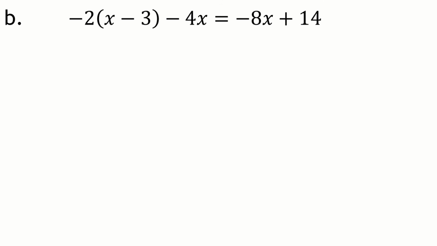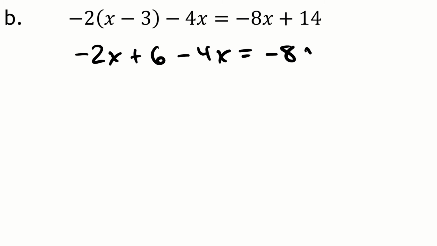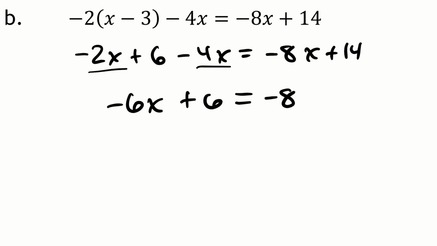In B, same thing. I'm going to use the distributive property and rewrite the left-hand side as negative 2x plus 6 minus 4x, and that's going to equal negative 8x plus 14. These together make negative 6, so I have negative 6 times x plus the number 6 is negative 8x plus 14.